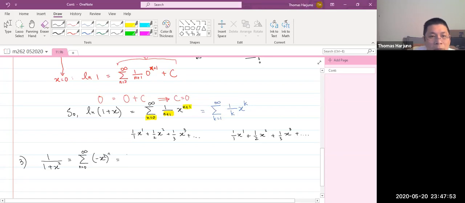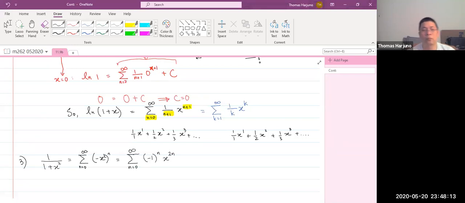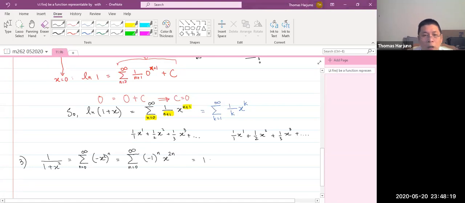Which I can simplify to be negative 1 to the n x to the 2n. Is it right? Yeah, it looks like this. It looks like 1 minus x squared plus x to the 4 minus x to the 6 plus x to the 8 and on.